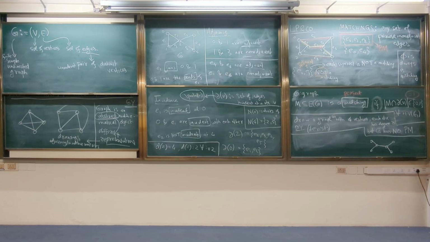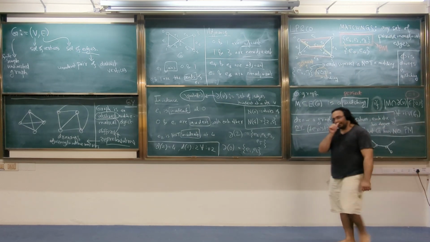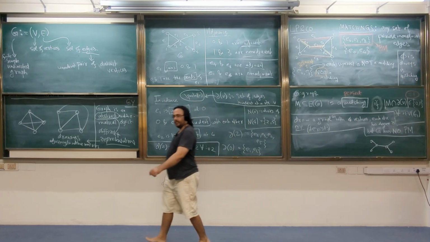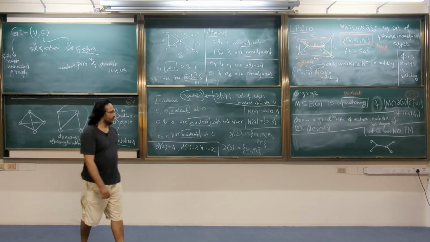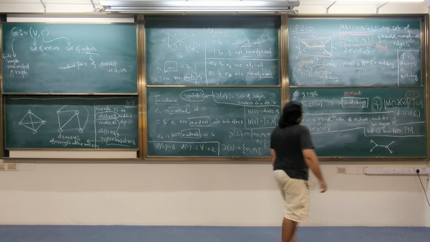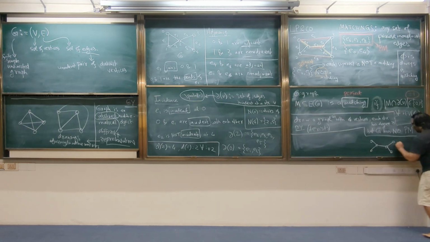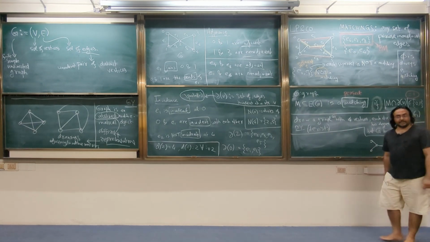Convince yourself that there is no perfect matching. So in general, a graph may not have a perfect matching. And in general, a graph may have many perfect matchings.